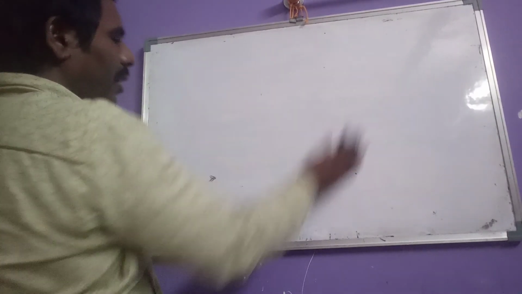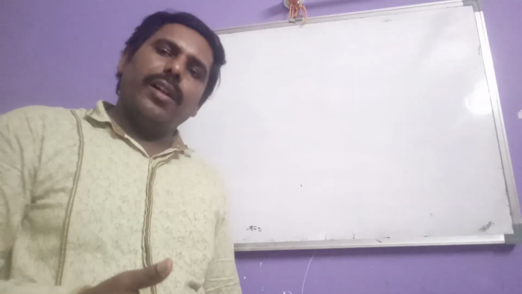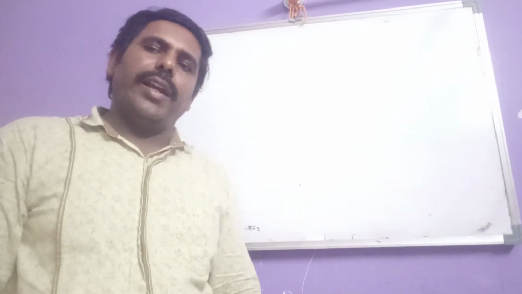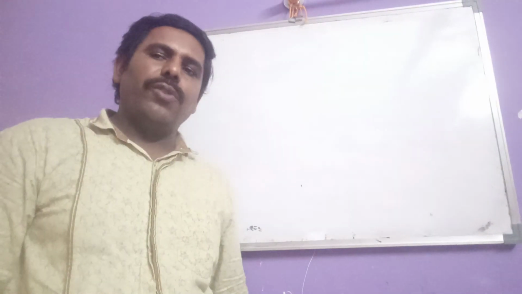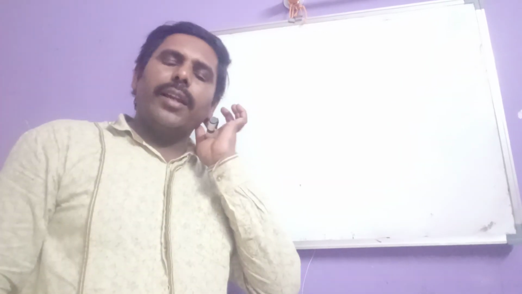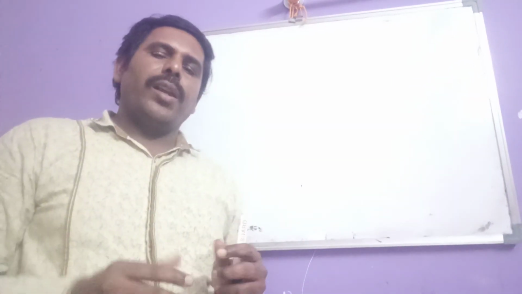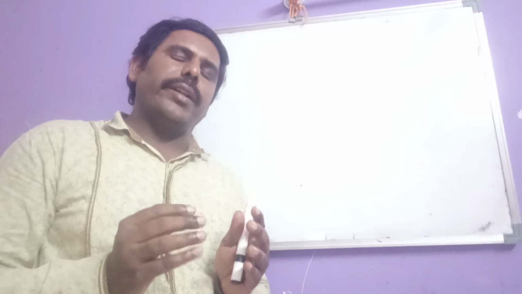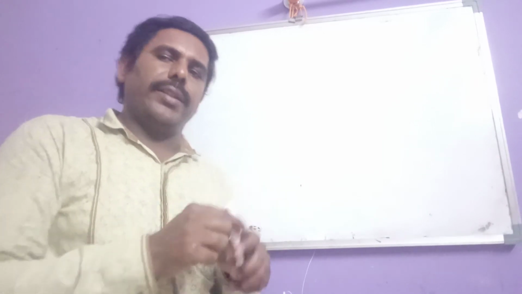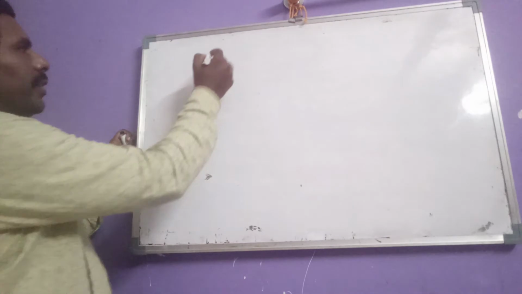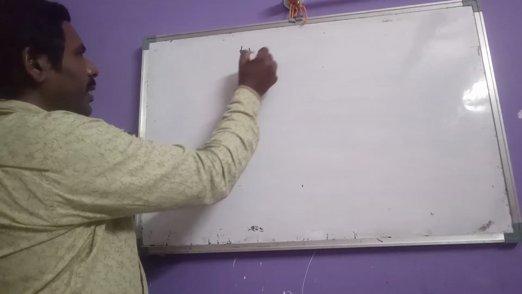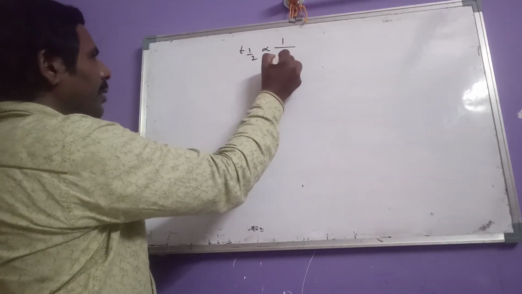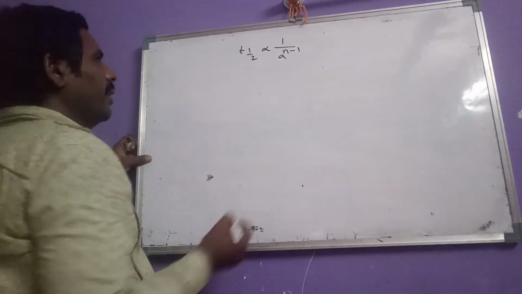After this, the last topics are determination of order and also collision theory of reaction rates. First we have to see determination of order. Many methods are there, but one important method is the half time method. What is the half time method? We know that t half is proportional to 1 by a to the power n minus 1.